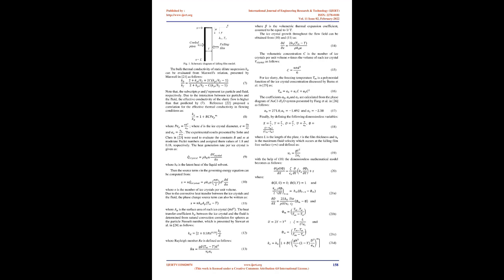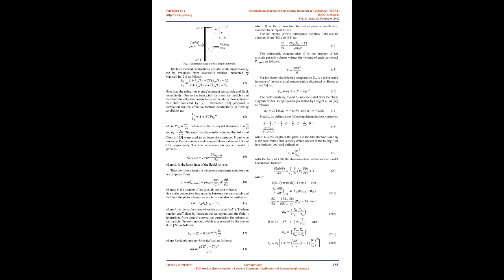Also, the effective density of the slurries is the averaged mass densities of the fluid and ice particles, which is defined as follows. (6) Fig 1, schematic diagram of falling film model.